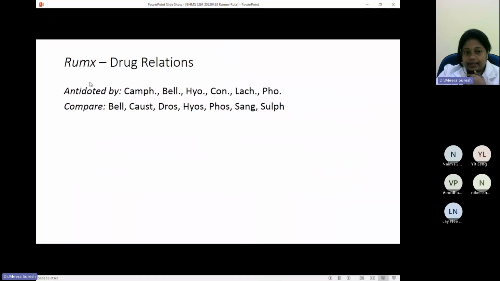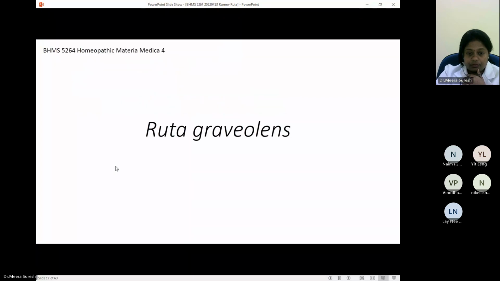Rumex is antidoted by camphor, belladonna, and hyoscyamus. Hyoscyamus also has cough as soon as the head touches the pillow. Then Conium, Lachesis, and phosphorus. Lachesis and phosphorus also have left-sided complaints, like Rumex.